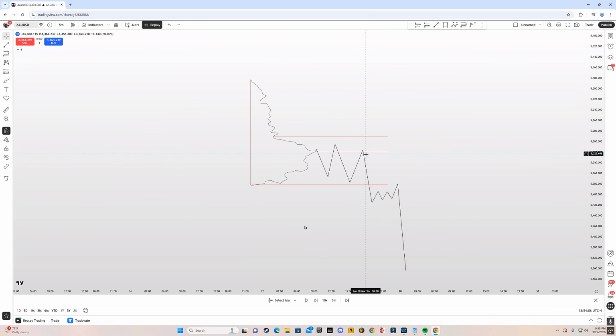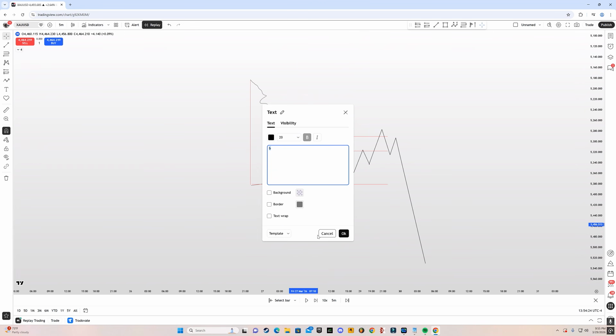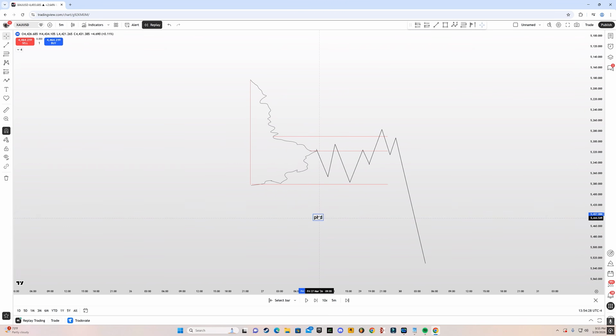So again, we can expect a breakout to the downside in two ways. We can either take a failed auction setup to the downside. That will look something like this. We get a close above the value area high, and then a reclaim, and bam. So this is the B shape of volume profile. So we have P, B, D, right? That is how you can determine the bias for the day.